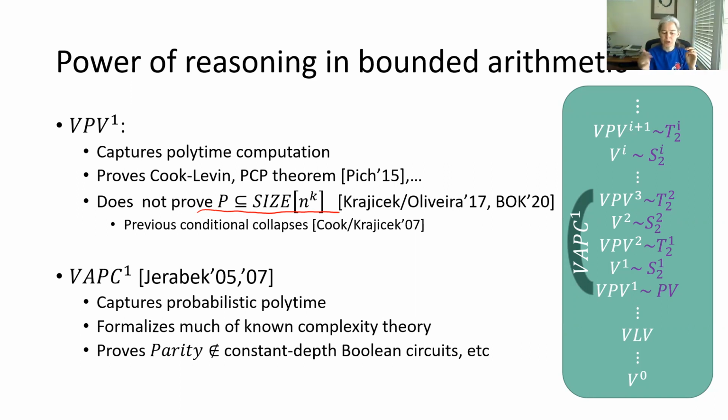And that goes to previous work by mainly Igor Oliveira, with Krajíček and with other people. Probably the thing that started that trend goes back to the Cook and Krajíček 2007 paper, which studied the consequences of provability of statements like NP has polynomial size circuits in this theory.